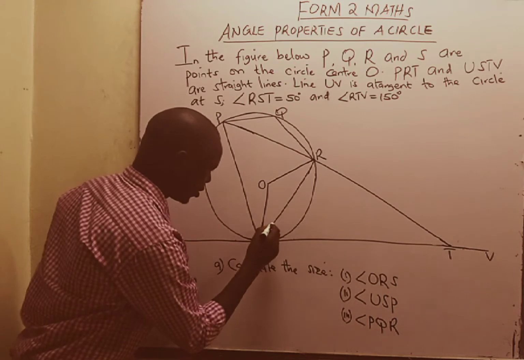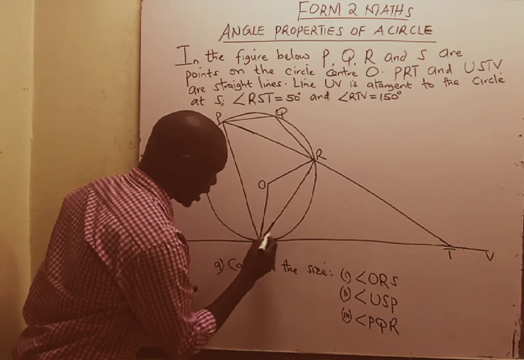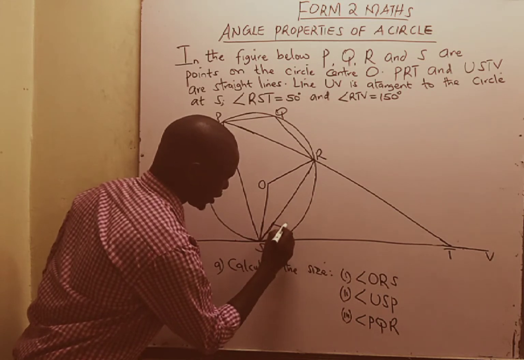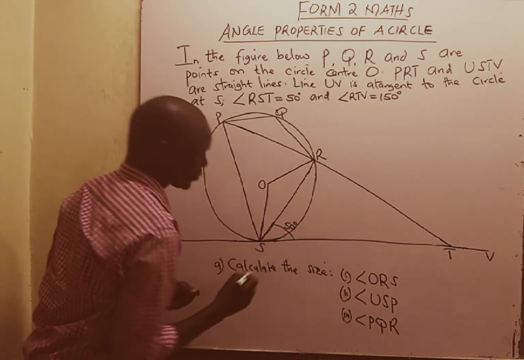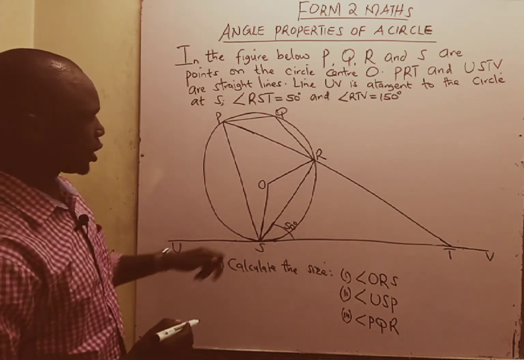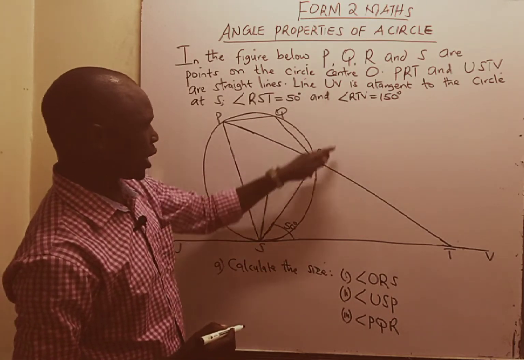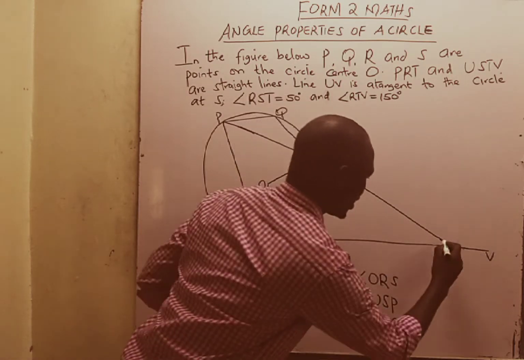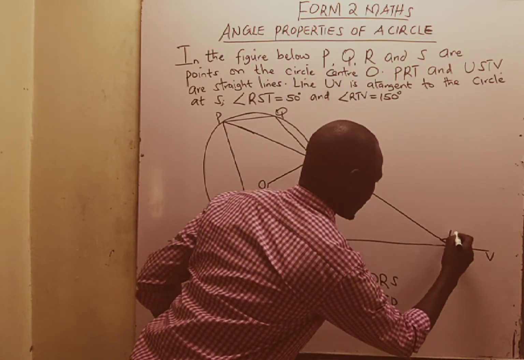RST is the angle we are looking at. The whole of this angle is 50 degrees. We are also told that angle RTV is 150 degrees.